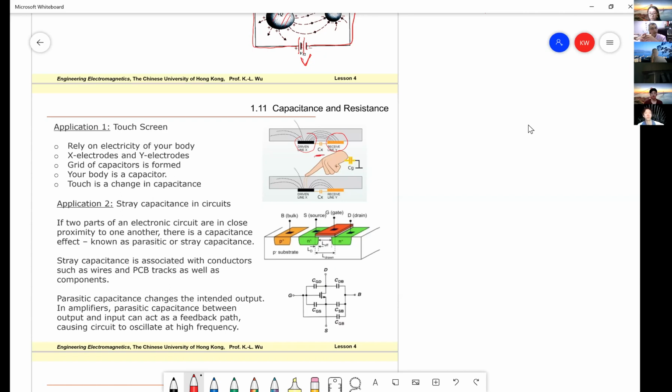Oh, by the way, according to the definition, capacitance is independent of the voltage applied and independent of the charge applied.